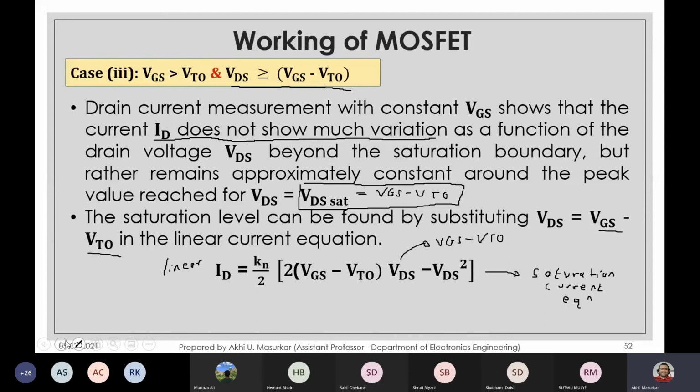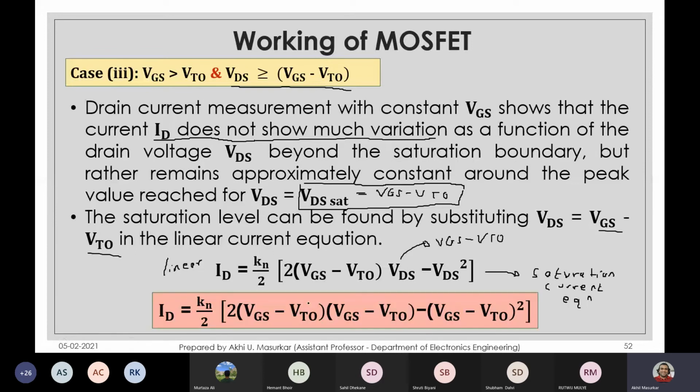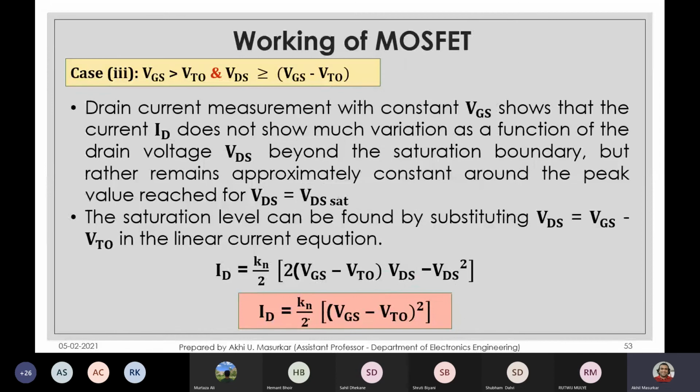VDS is substituted as VGS minus VTO, and this is also substituted here. You can see this will give me 2 times VGS minus VTO the whole square, minus 1 time VGS minus VTO the whole square. So that should give me ID equal to Kn by 2 times VGS minus VTO the whole square.